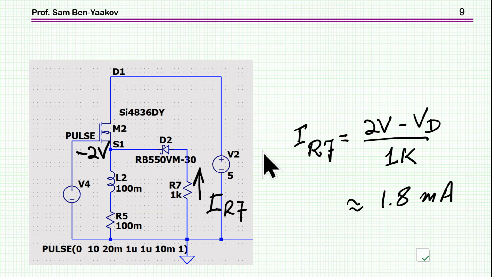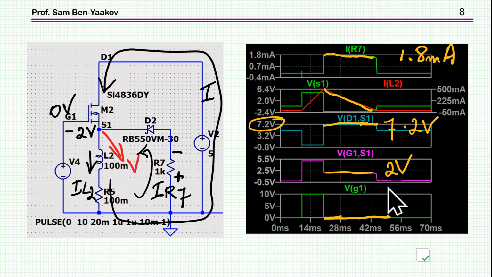This is the voltage across the resistor, the 2 volts minus the voltage drop on the diode, which brings us to about 1.8 milliamp.